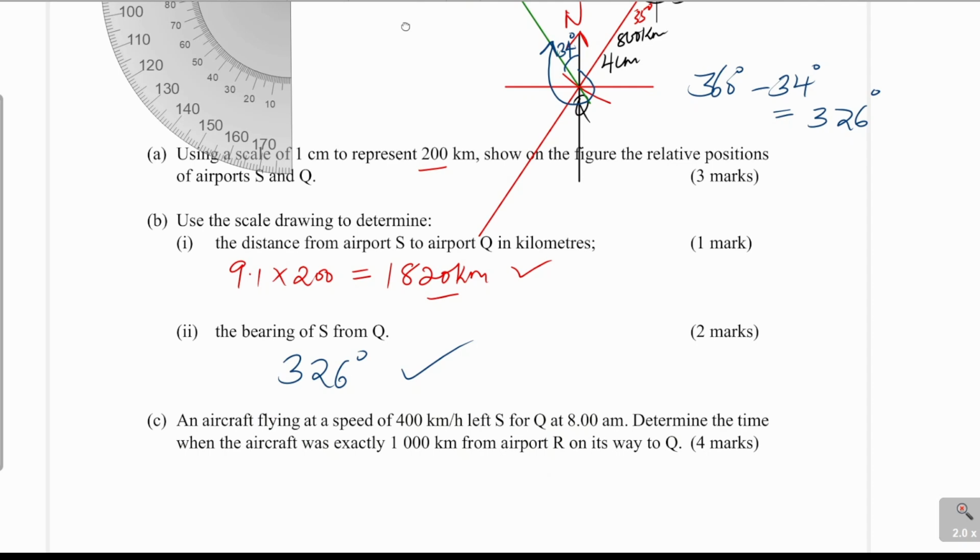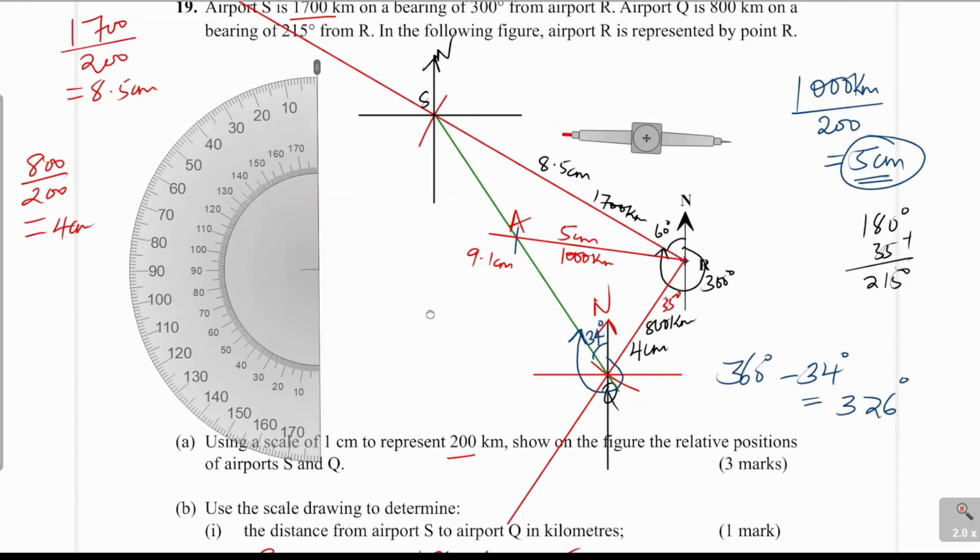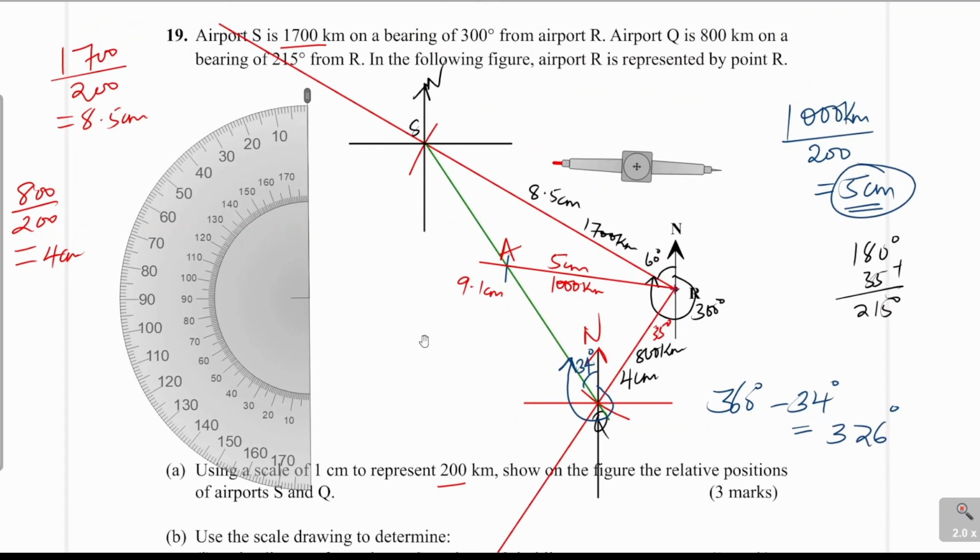So therefore the question is, you find the time when the aircraft was exactly 1000 kilometers from R. So we need to get this distance from S to this point, and when you get the distance and you have the speed, you'll be able to get the time.